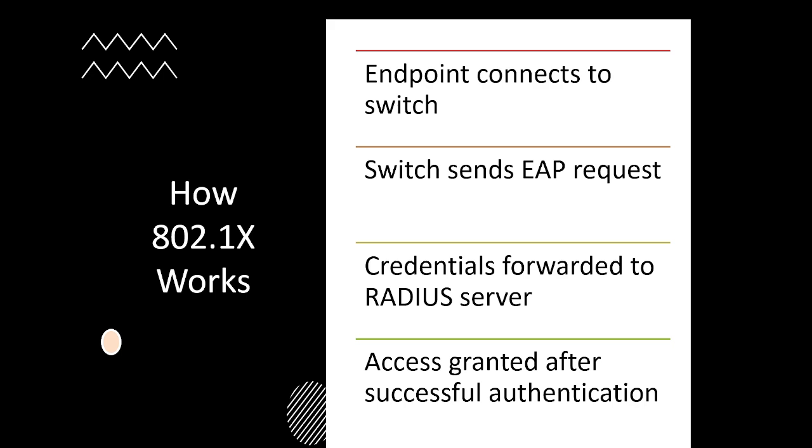Fourth step, the user provides credentials. Fifth step, the switch forwards the request to the RADIUS server. Sixth step, the RADIUS server validates the credentials. And seventh step, if successful, a VLAN is assigned. Access is granted. Policy applied. This process is called AAA: authentication, authorization, accounting.